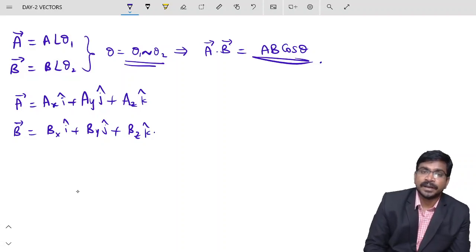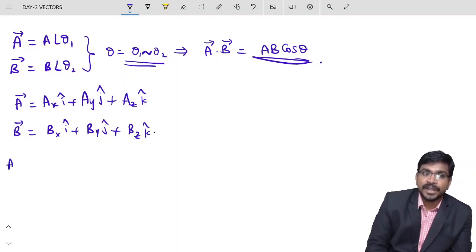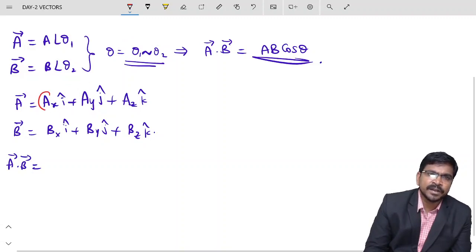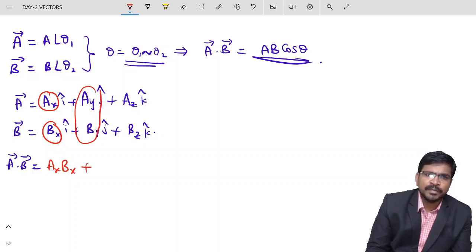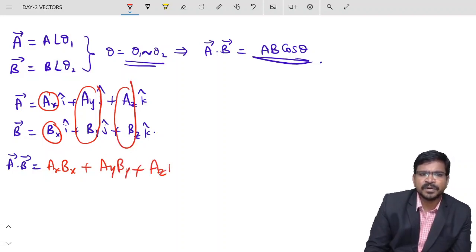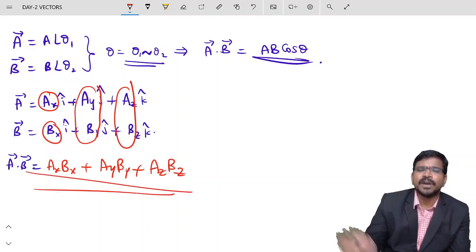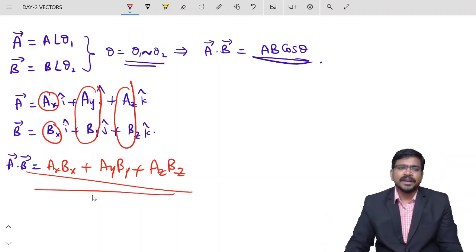Here, A dot B is simple. Take the I coefficients, Ax and Bx, and multiply them: Ax Bx plus Ay By plus Az Bz. Simple. Direct formula. Okay. Next.